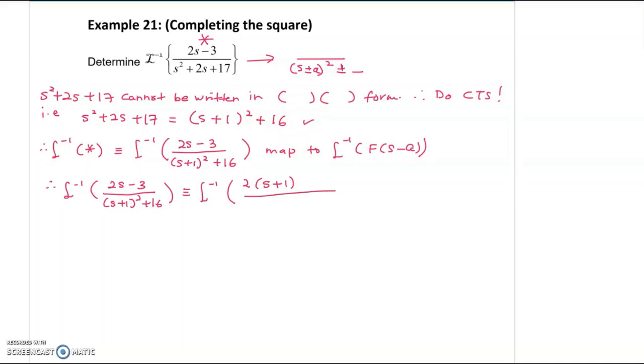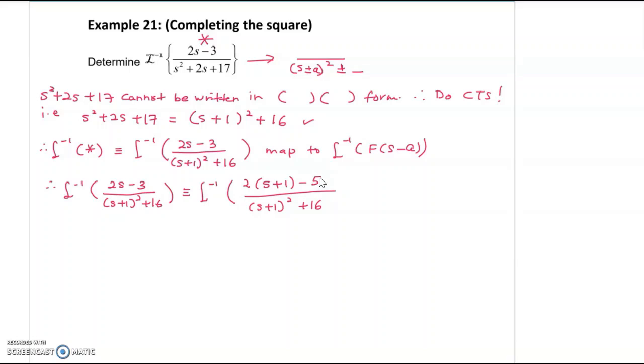We want to have s plus 1. At the denominator, we have s plus 1 squared plus 16, so at the numerator we put 2 times s plus 1. But we already changed the original expression. The original term is 2s minus 3, but so far what we have here is 2s plus 2 if we expand. So in order to get minus 3, we need to subtract 5. If we expand, we have 2s plus 2 minus 5, which is negative 3.